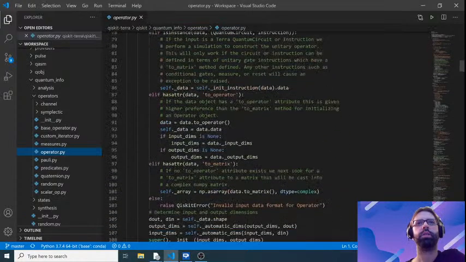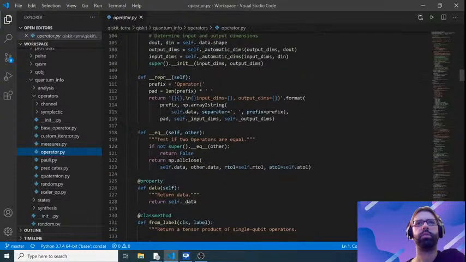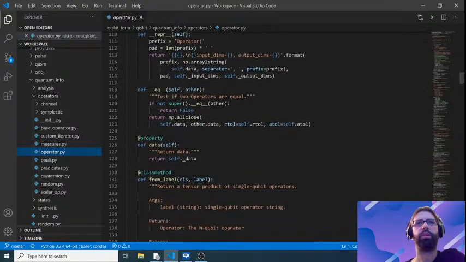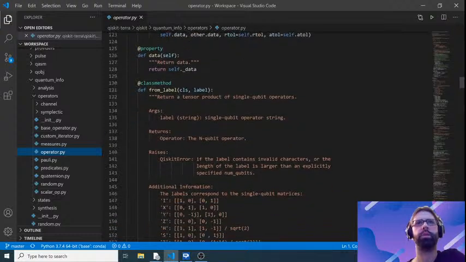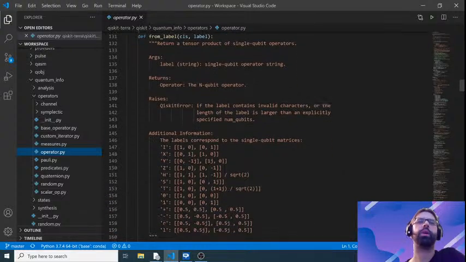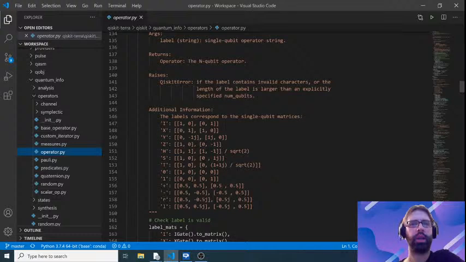Is instance, data from, label, the enqueued operator. String. Okay, so you're giving it a predefined label, and it creates that for you.